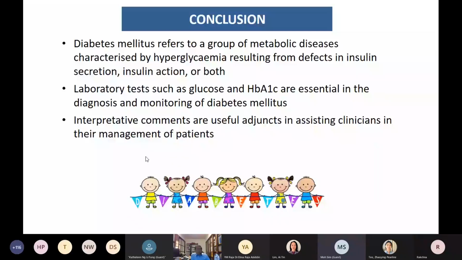I think interpretive comments are very useful adjuncts in assisting clinicians in their management of diabetic patients. For diabetic patients, it's not just laboratory tests that give clinicians a sensing of how their patient's glycemic control is, but these laboratory tests are also increasingly being complemented by point of care tests such as blood glucose monitoring, and together they provide a much more comprehensive picture of the patient's overall clinical condition.